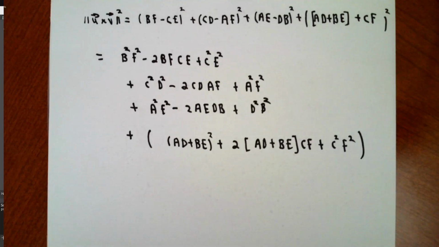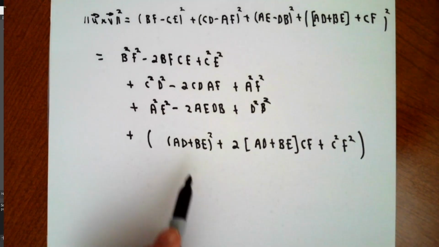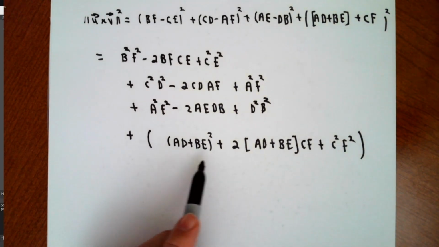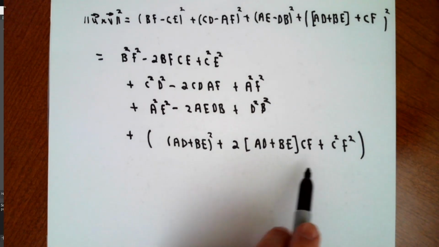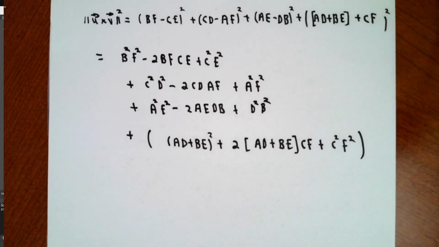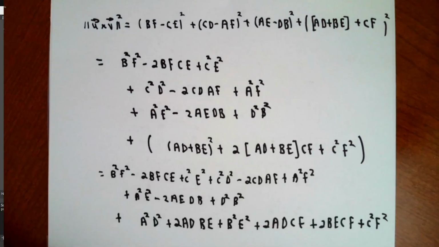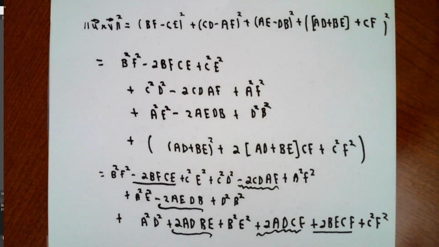To further simplify this, I'll have to square the sum of AD with BE. Also, I'll use the distributive law to simplify this middle term. This is absolutely dreadful looking. Component from one of the vectors times the square of another component.